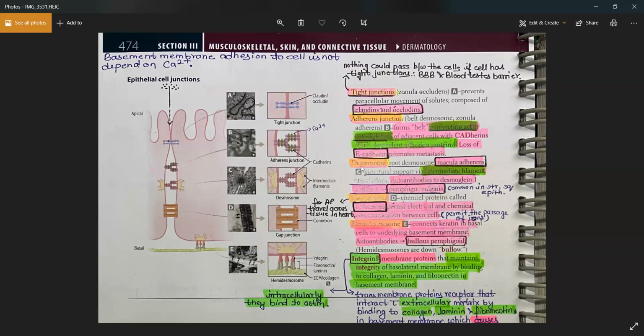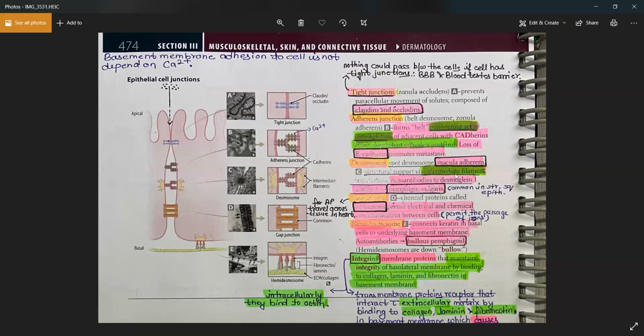Then you have the desmosomes, which are kind of similar to the adherent junctions again. But if you look, the adherent junctions are connecting what kind of cytoskeletons? Microfilaments. Yeah, exactly, the microfilaments. But the desmosomes are connecting the intermediate filaments. Very important.